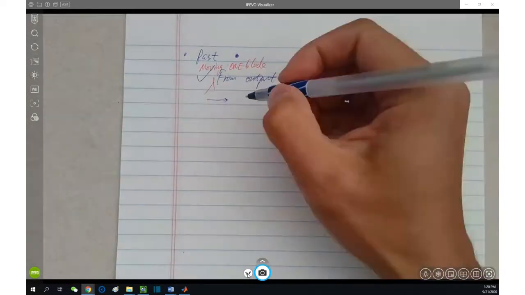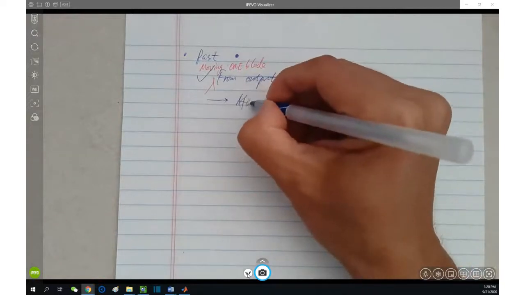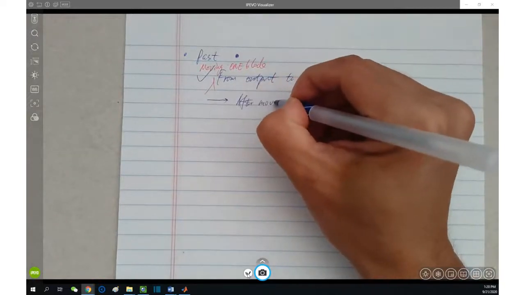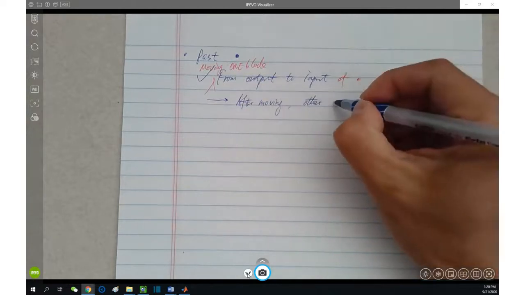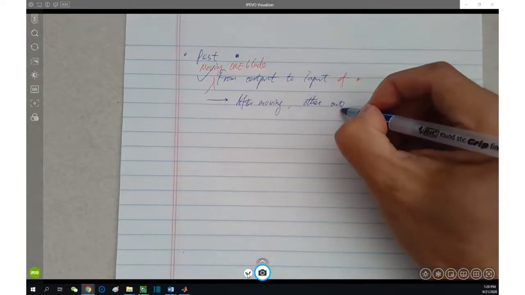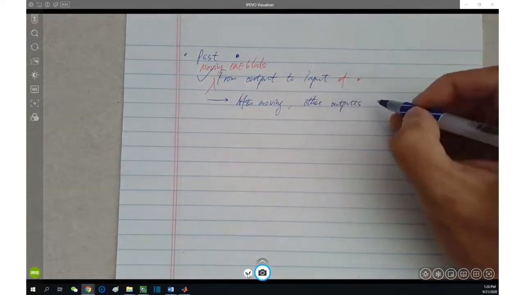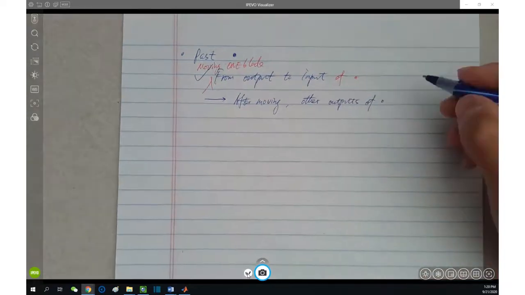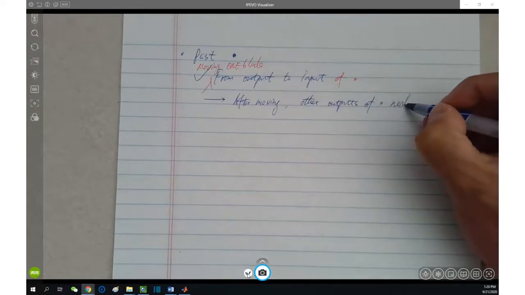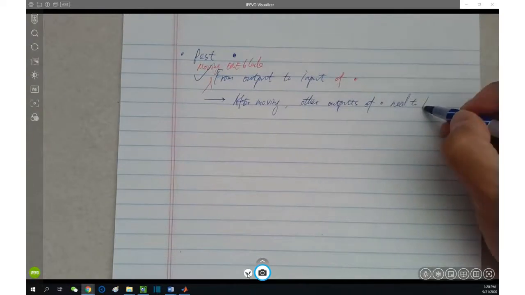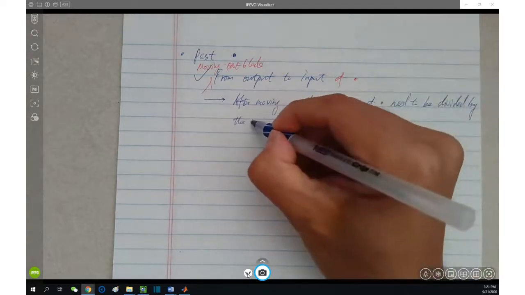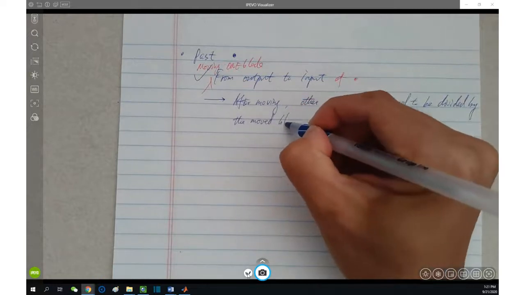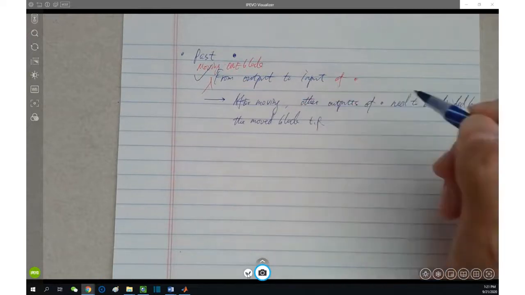Move it, but after moving, all the other outputs of the pickup point need to be divided by the moved block transfer function.